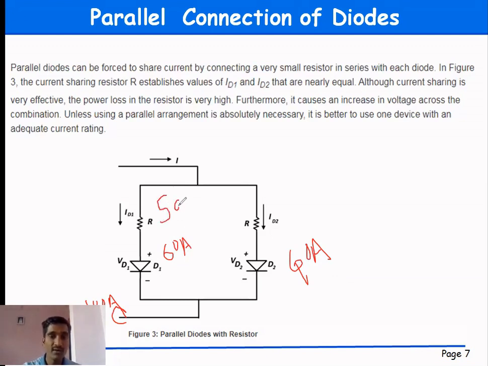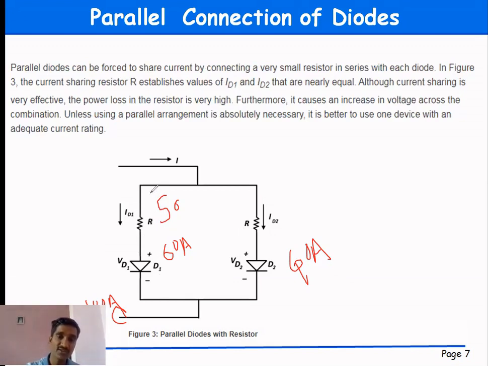So 50 ampere current will flow from this diode by putting a resistance of value R. Because the resistance value is small, more current flows, so we increase the value of the resistance.